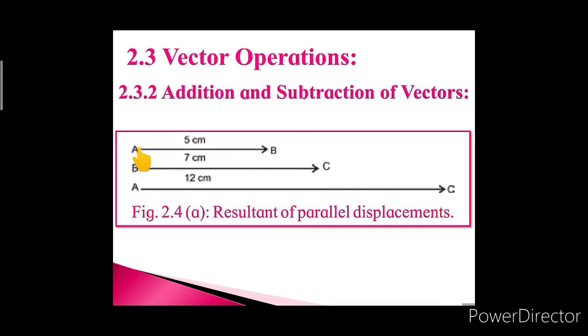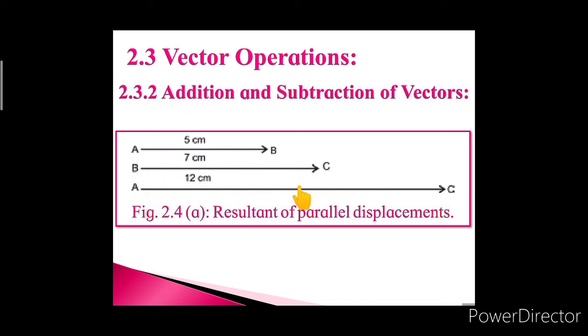Hence the resultant of the given vectors after the addition is vector AC, which is equal to vector AB plus vector BC, as the directions of both the adding vectors are the same. So the resultant vector has the same direction, and the magnitude of vector AC is equal to the magnitude of vector AB plus the magnitude of vector BC.